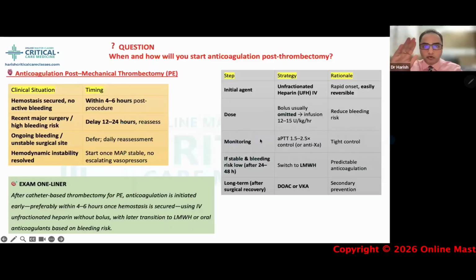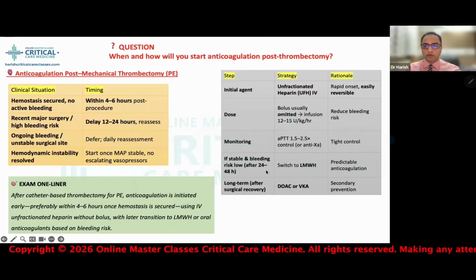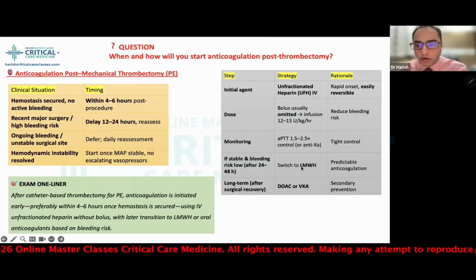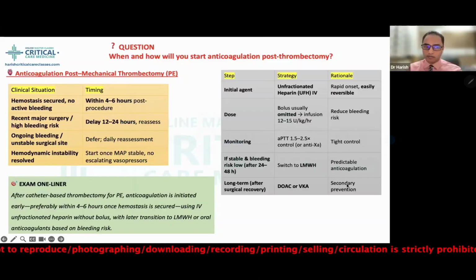Keep the APTT somewhere around 1.5 to 2 times, which helps in tight control and prevents bleeding. If stable and bleeding is low risk, after 24 to 48 hours, switch to low molecular weight heparin. Okay. So long term, after surgical recovery, you can go for direct oral anticoagulation or vitamin K antagonist for the secondary prevention.